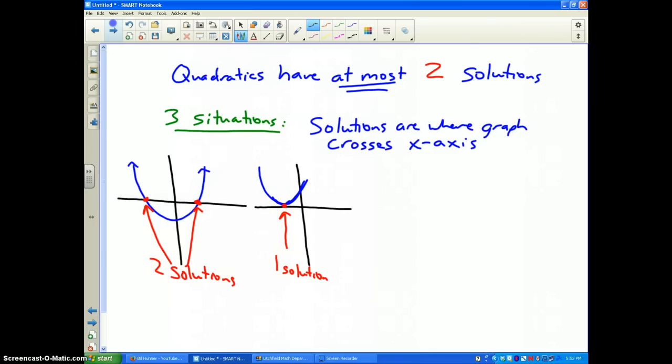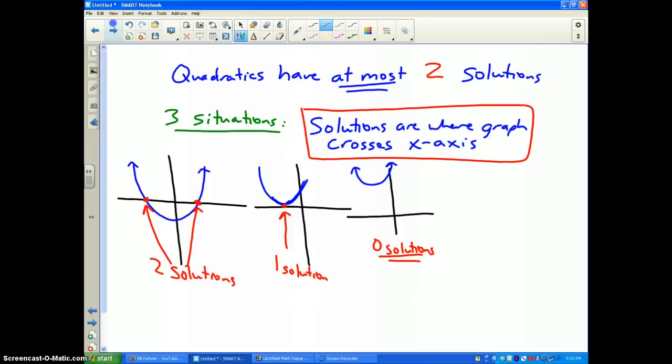And there are a few cases where your parabola won't touch the x-axis at all. It'll look something like this. In that case, there are 0 solutions. So those are your 3 scenarios. The solutions are where the graph crosses the x-axis.